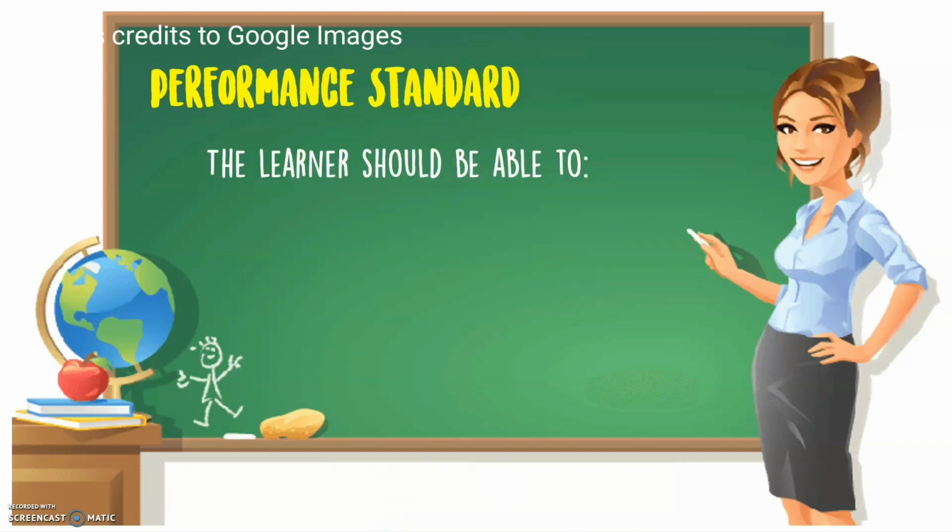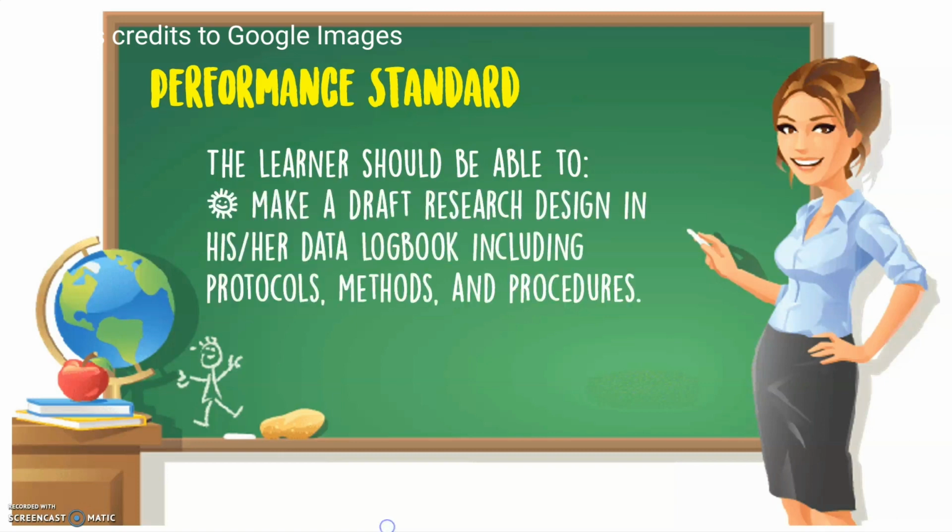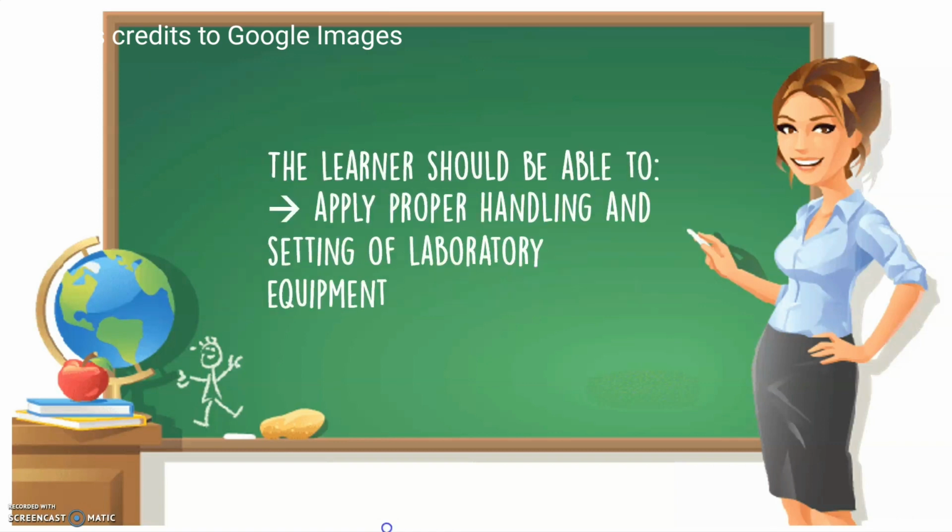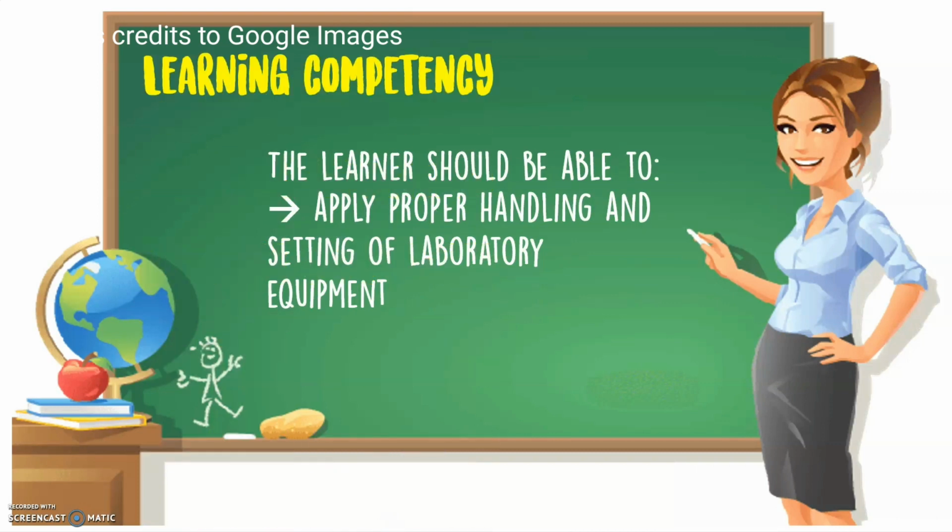For the performance task, the learner should be able to make a draft research design in his or her data logbook, including protocols, methods, and procedures. And for the learning competency, the learner should be able to apply proper handling and setting of laboratory equipment.